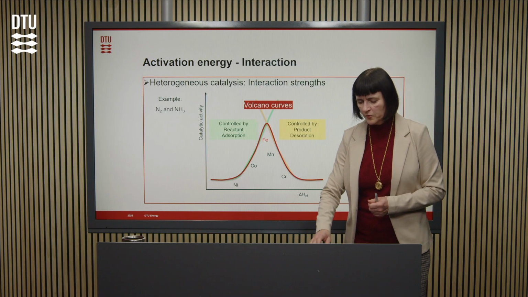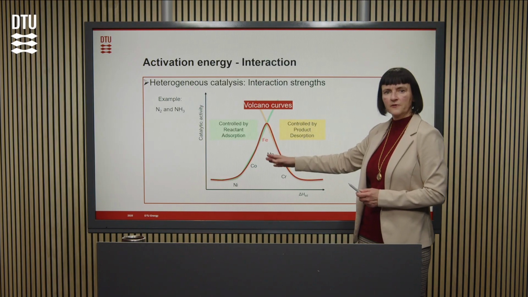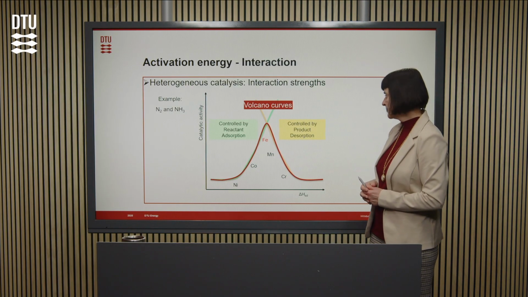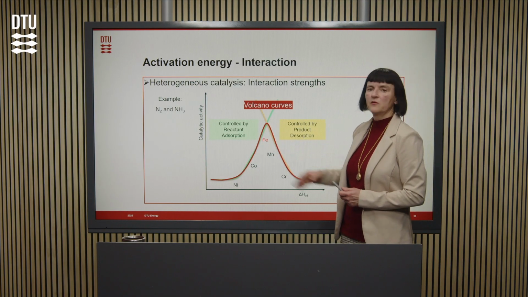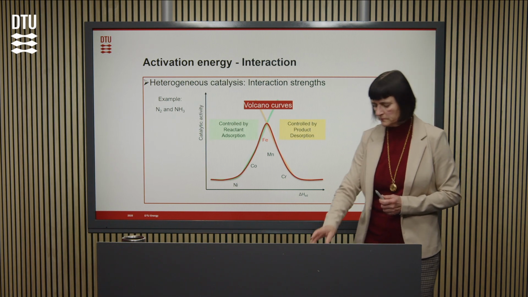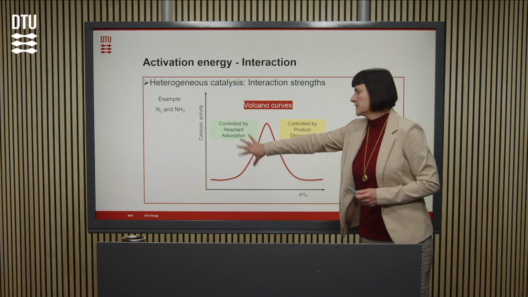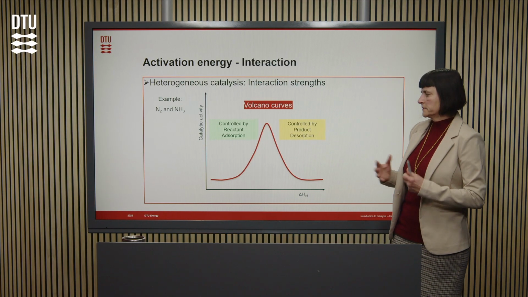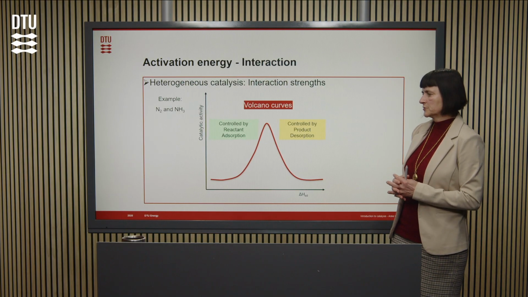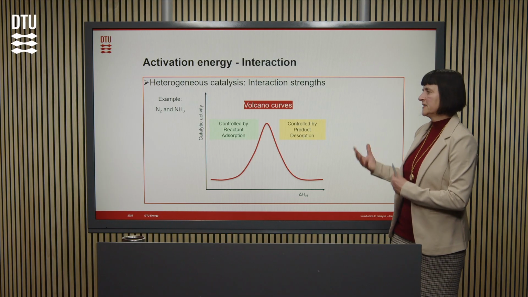And these often form this type of curve, which is then called a volcano curve, as it looks like a volcano. And the elements on top of this would be the best elements for the specific reaction. And now I'm showing also here, on this side, we have not really the right adsorption strength with the reactant, while here we also need to release the product.